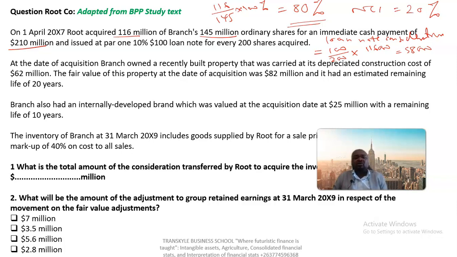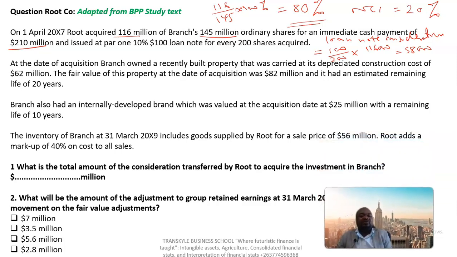So the total consideration, what is the total consideration? Because our question requirement number 1 is saying what is the total amount of consideration transferred to acquire the investment in Branch. So you can see that the total should be the 210,000 plus 58,000.